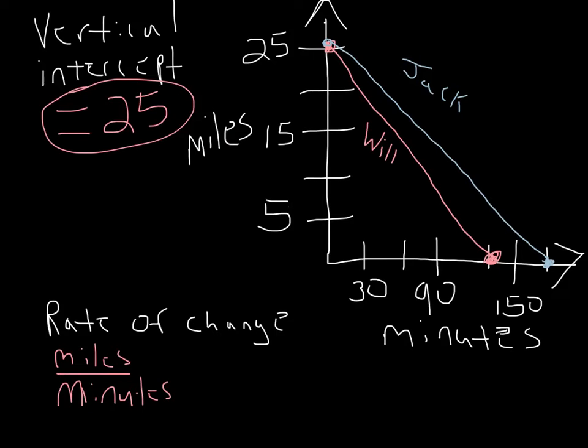So I would look at Jack's line, or let's start out with Will since we're already writing in pink. So when I look at Will's line, Will starts out at 25. His first point would be the point (0, 25).